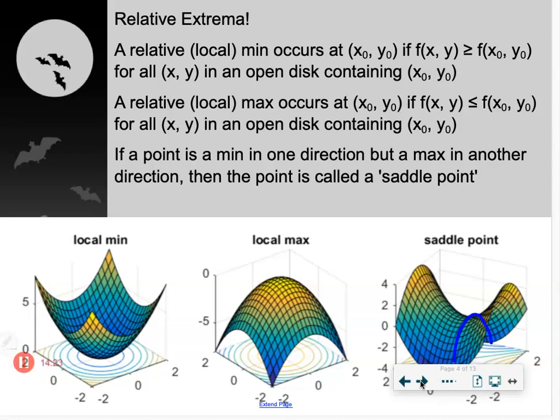But if I'm looking this way, it's the min, right? So when you have both, depending on the direction, you end up with what's called a saddle point. You don't really put the word local at all with saddle point. It's just a saddle point.